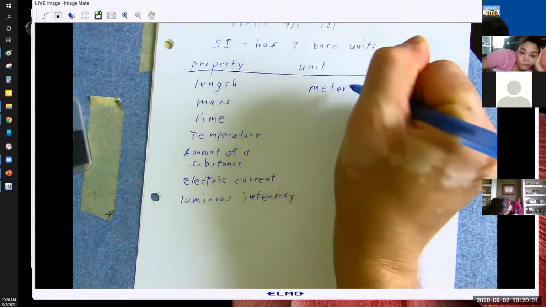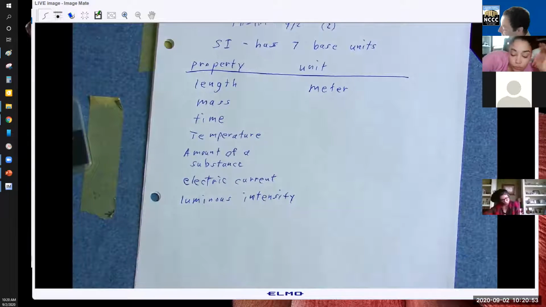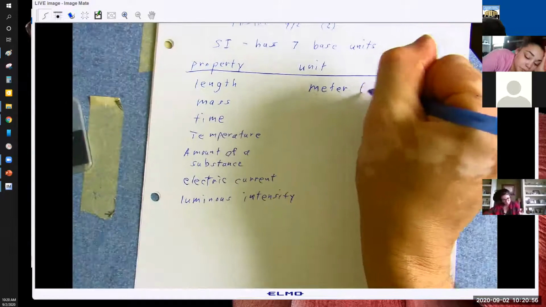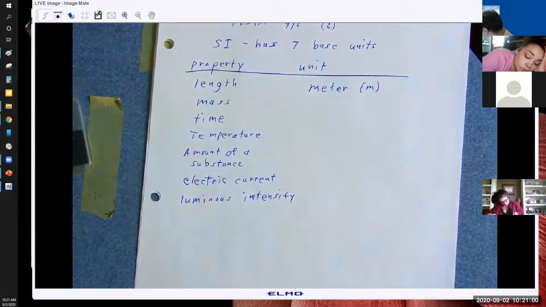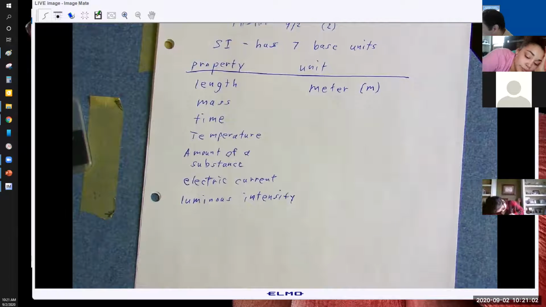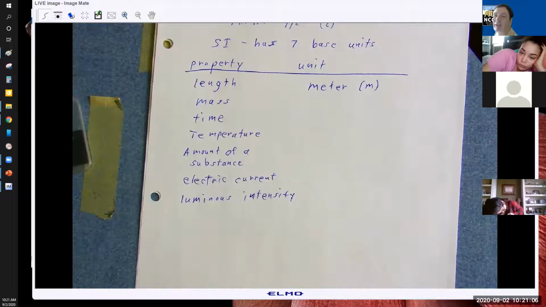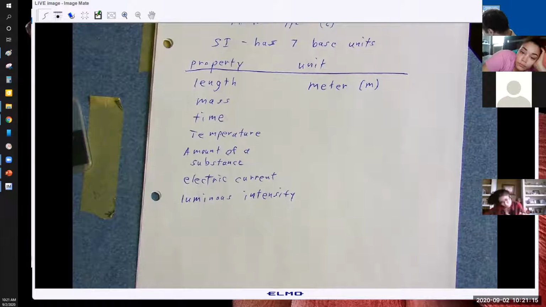The unit is meter. I'll write it out and I'll put the abbreviation for it. Length is typically measured in meters, but the SI unit is base 10, so you can talk about decimeters and centimeters and kilometers. And we'll go into those prefixes later, right?